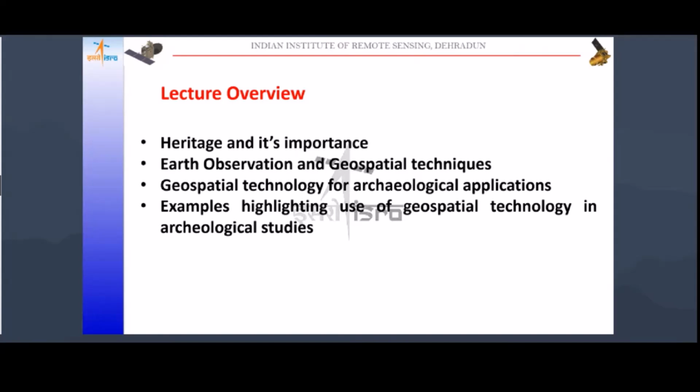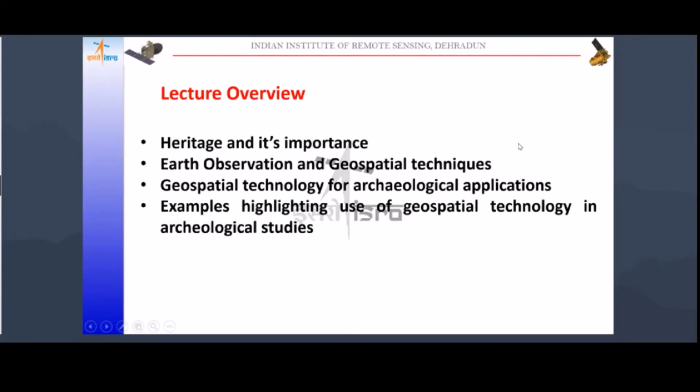You can club different technologies, data from different sensors, and different types of image processing and GIS techniques to come up with a very comprehensive documentation plan and also a plan for mapping, monitoring, and management of these heritage sites.